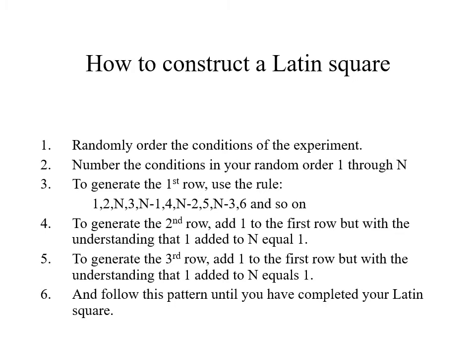Let's say there are 5 conditions in your group, so n will be 5. Okay. And to generate the second row, you add 1 to each number in the first row, with the understanding that n plus 1 equals 1. Okay, and so forth. Then you just follow this rule until your Latin square is completed.